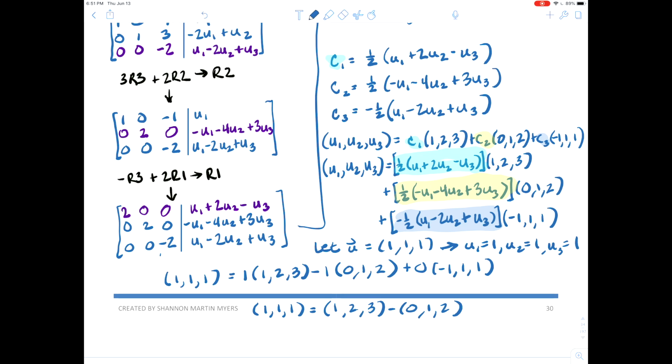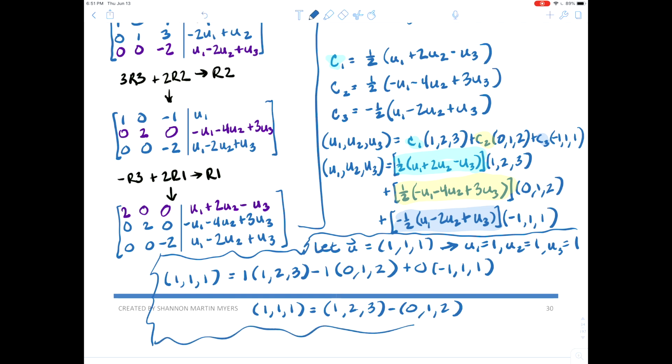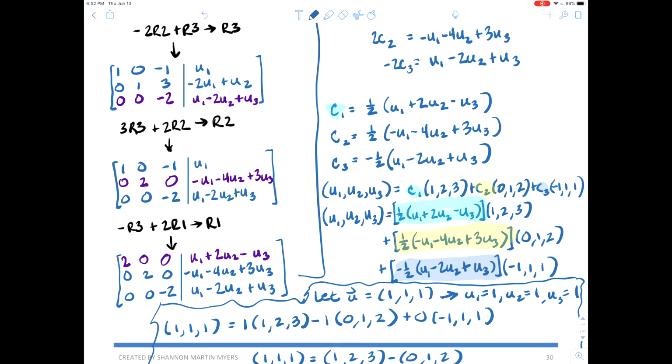So this is just looking at a real example, real meaning plugging in numbers for that vector u, just to show you so that you felt more comfortable with all the variable notation.